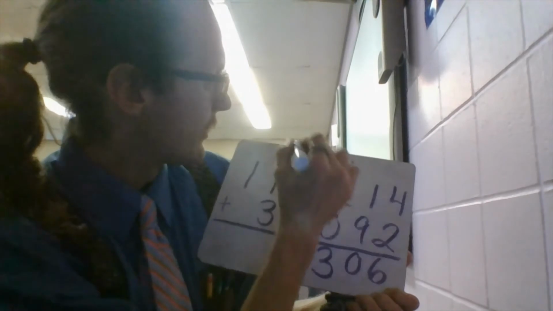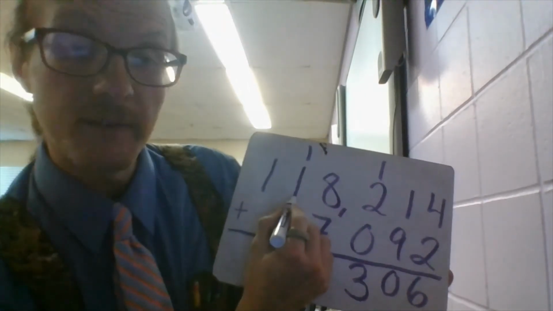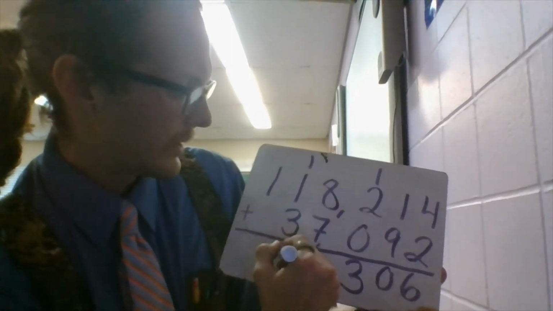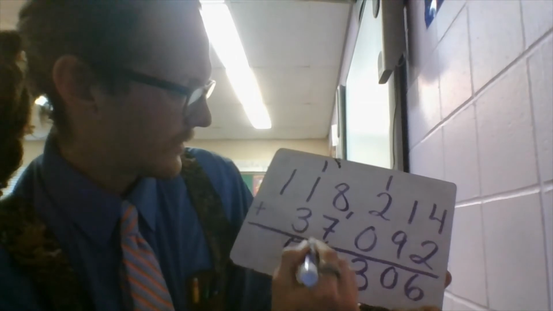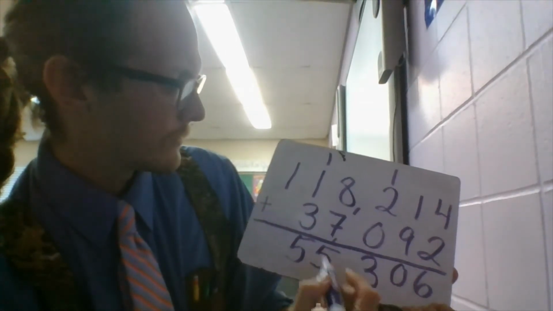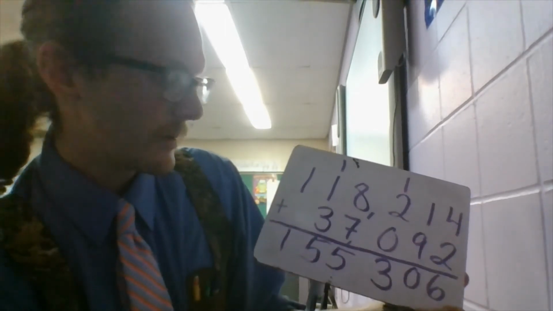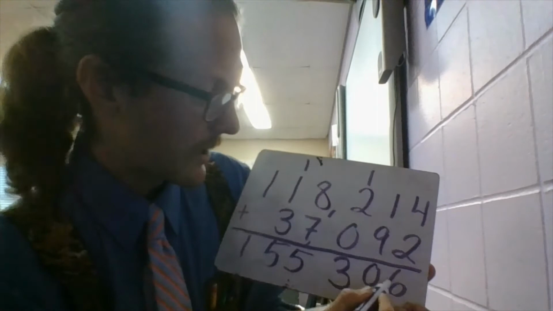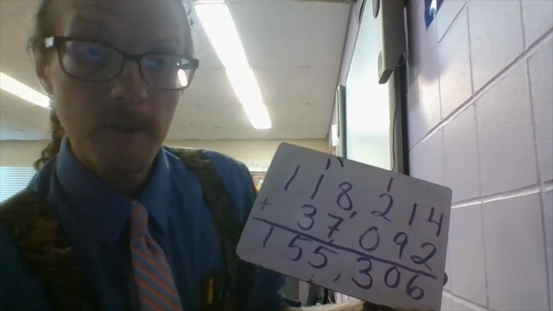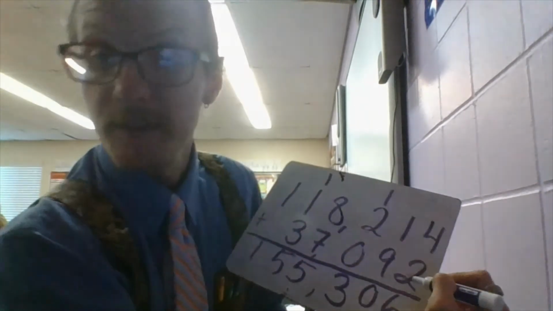The 1 up here. 3 plus 1 is 4. Plus 1 is 5. 1 plus nothing is 1. Don't forget your comma. So that is just boots plus sandals. What are we missing?